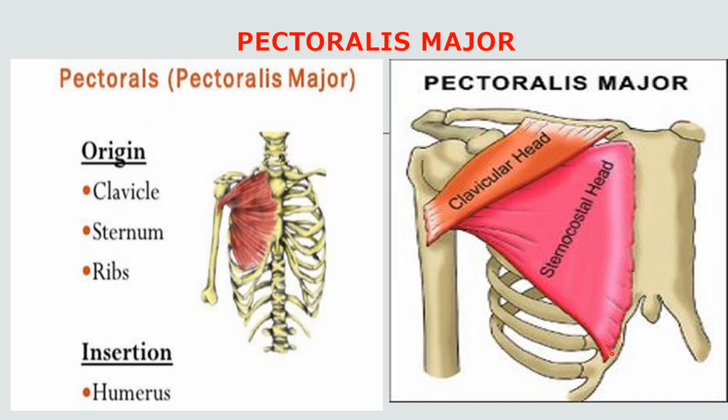Then it also has origin from the aponeurosis of the external oblique muscle, that you should remember. So these are the origins of the sternocostal head.